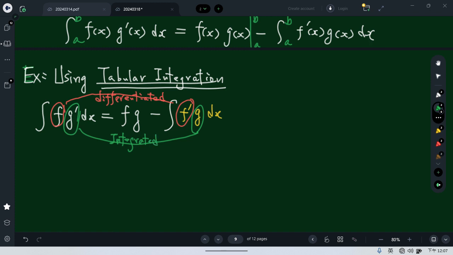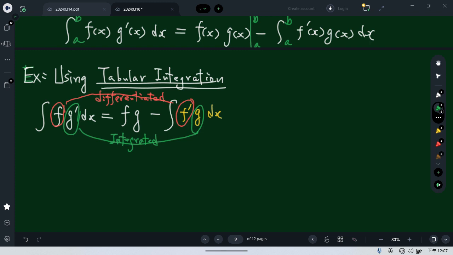So it's no wonder we also focus on two functions coming together. One is repeatedly differentiated without difficulty. One is integrated repeatedly without difficulty. So you can see if we continue to convert it, you can expect f prime will become f double prime. But g will become the integral of g.